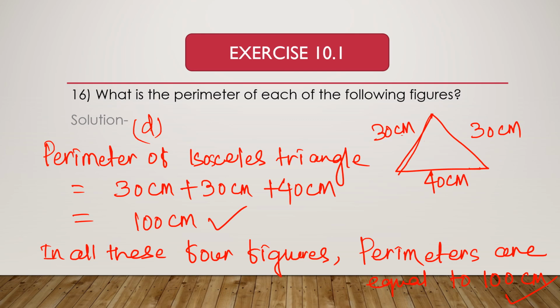So in all these four figures, perimeters are equal, equal to 100 centimeter.